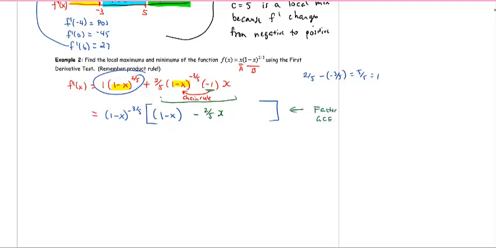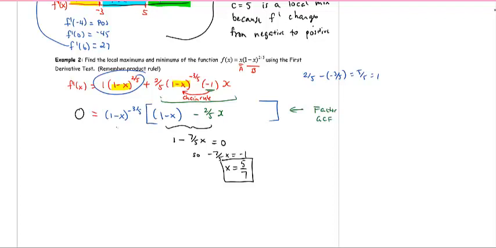This helps because remember, I want the derivative to be equal to 0. So when I solve, I just have to make this part equal to 0. 1 minus 7 over 5 x equals 0. So therefore, negative 7 over 5 x equals negative 1. x equals 5 over 7. Bravo. Okay? That's when I make the first derivative equal 0.